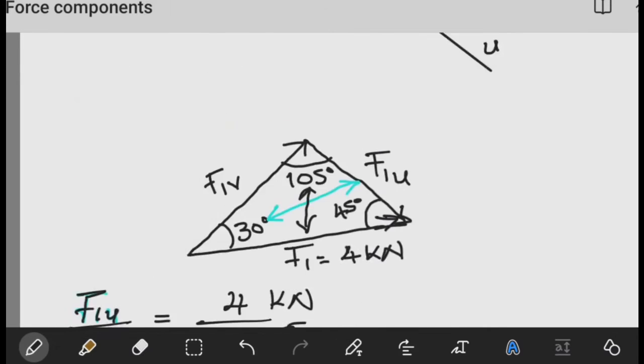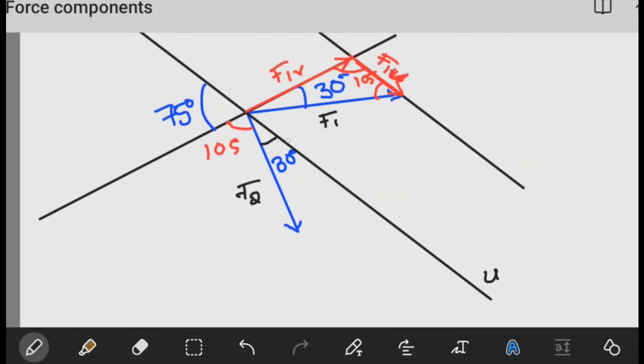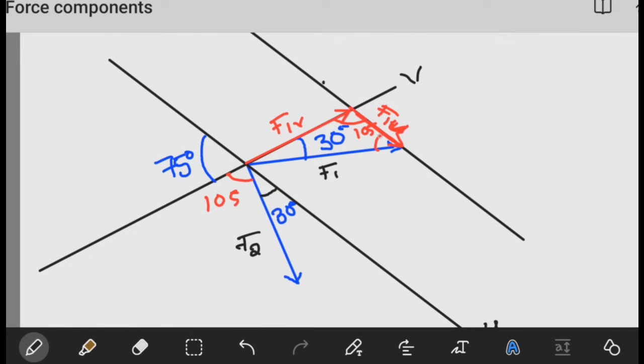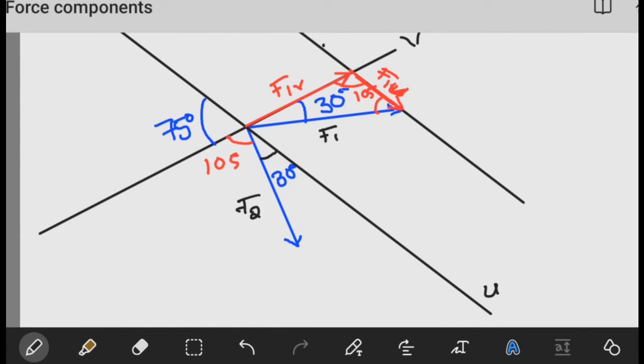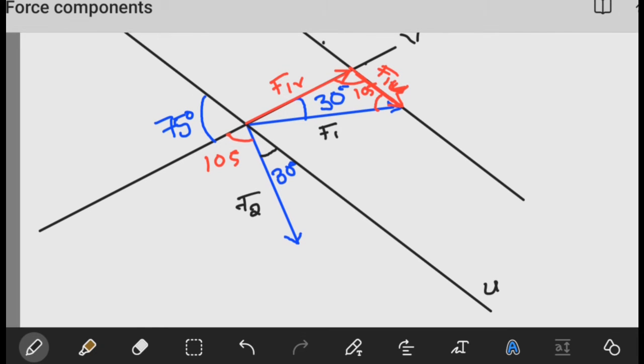I hope you saw the trick that I used here by just identifying that the component of F1 in the U axis will have to be parallel to the U axis here. So this is why I redrew that axis that side. A common mistake that a student might make somewhere here is to think that when the component comes here, it will make a right angled triangle here.